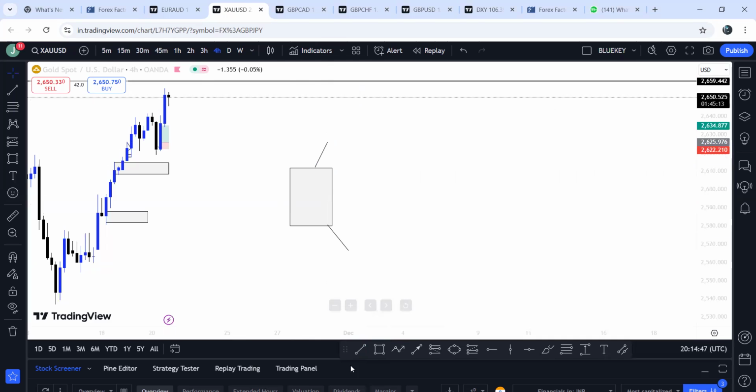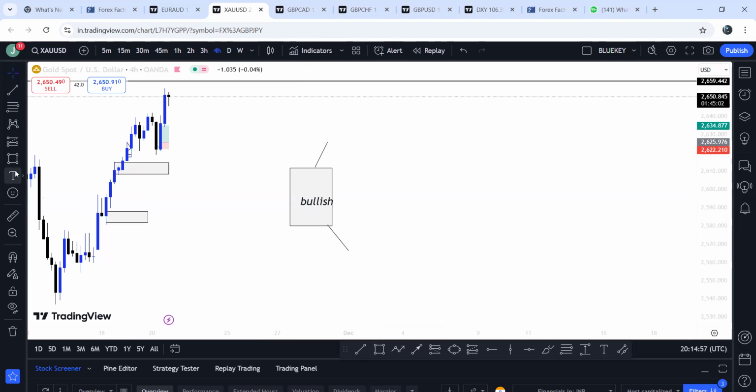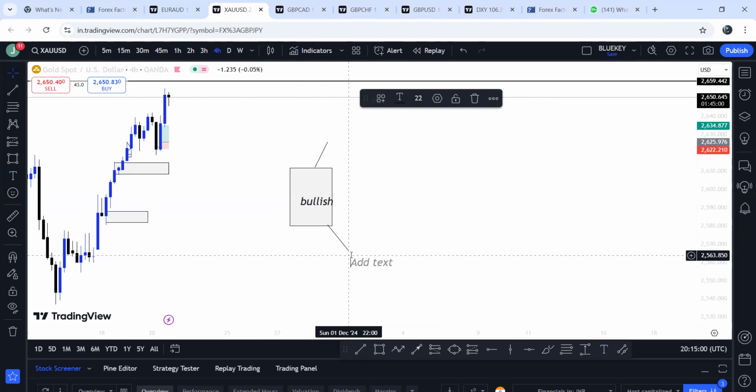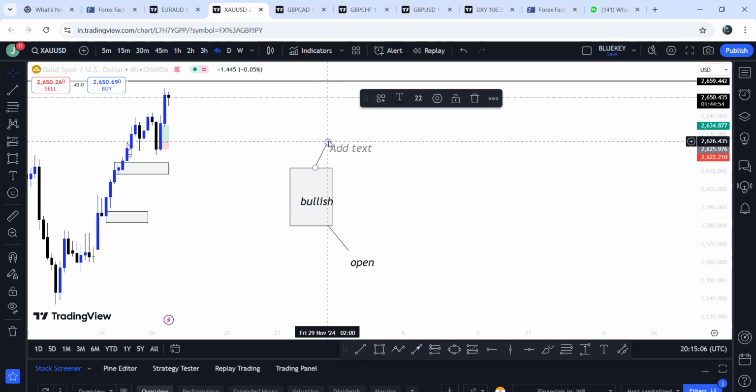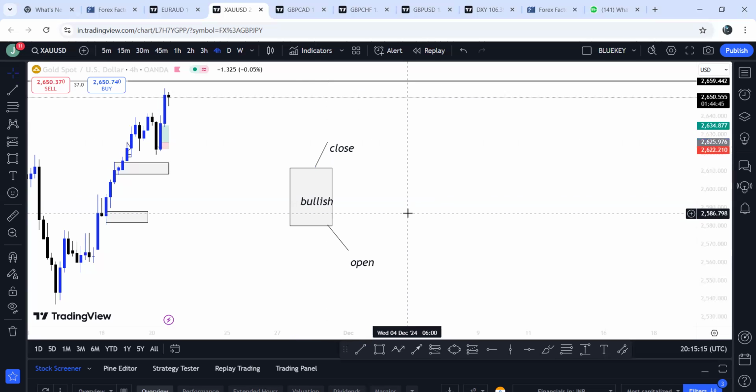This is a bullish candlestick. So it opens where? Below, and closes where? Above. So this is an example of a bullish candlestick.